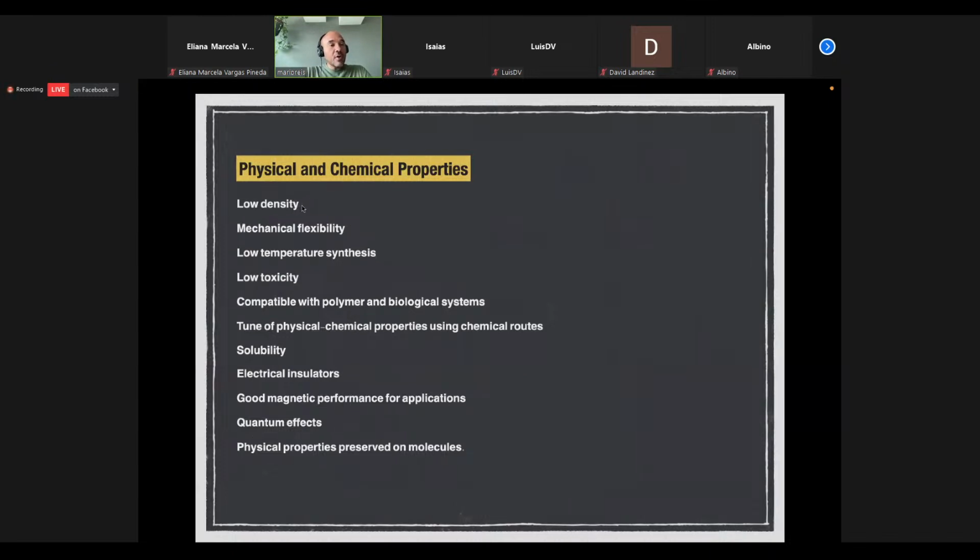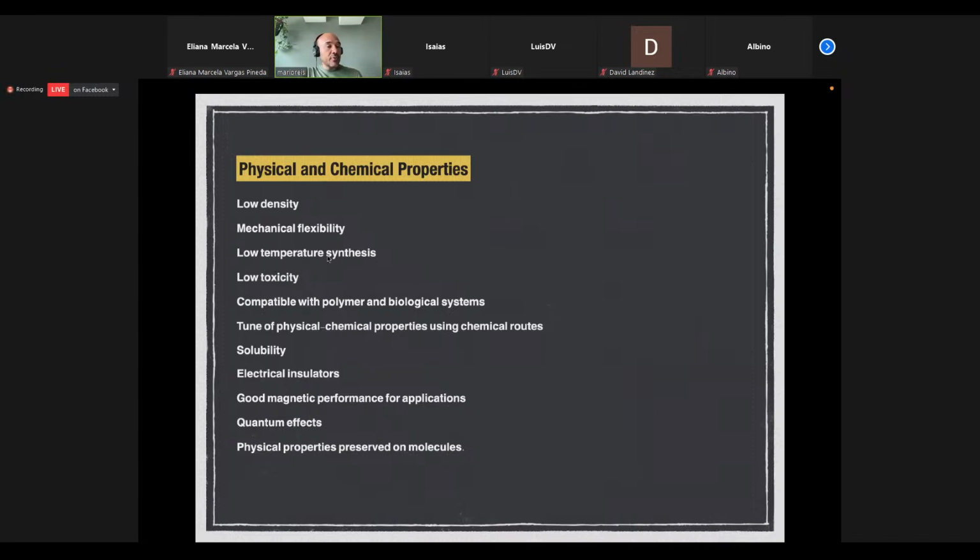These have low density and mechanical flexibility. If you have in mind a piece of metal, even a piece of oxide, you can see the difference considering metal complexes. These have mechanical flexibility.